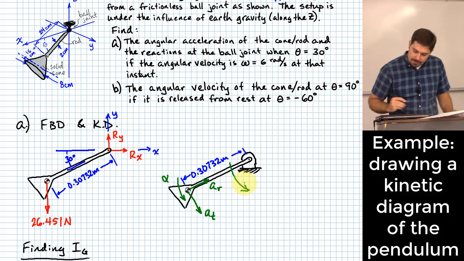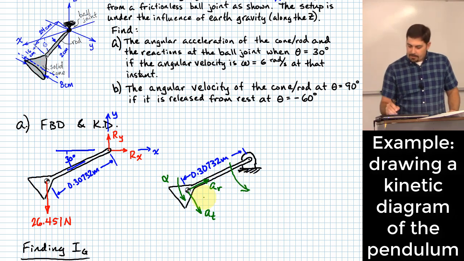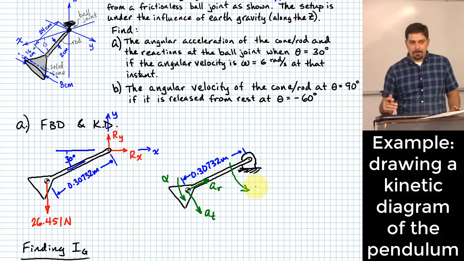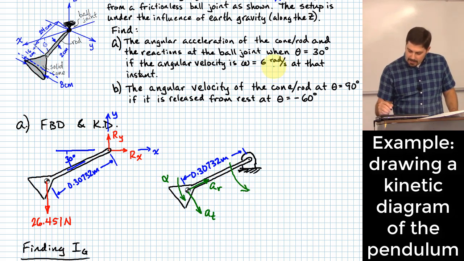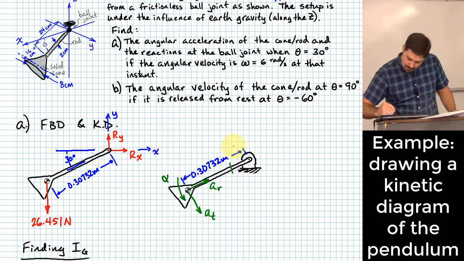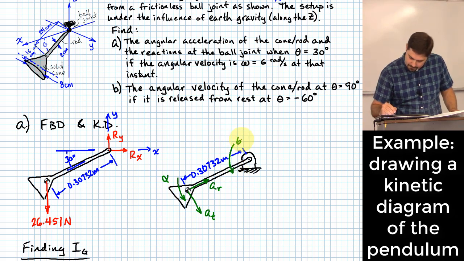I'll just put it over here. The alpha value I put over there, the omega, there's not really any reason I'm putting it here, I just need to put it somewhere. It's 6 radians per second. I'm going to put it right here.